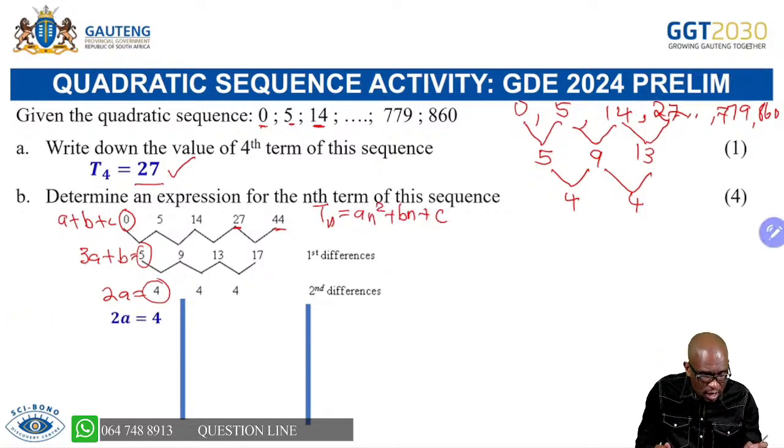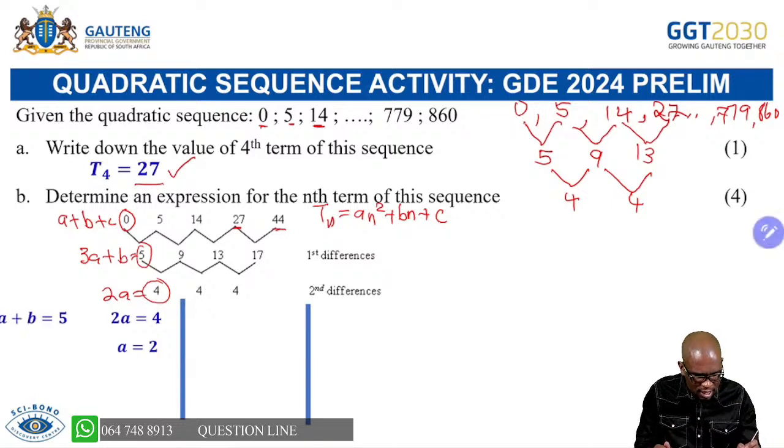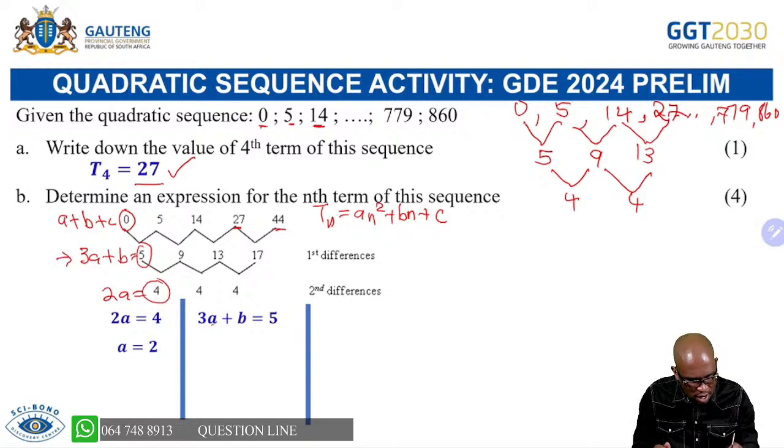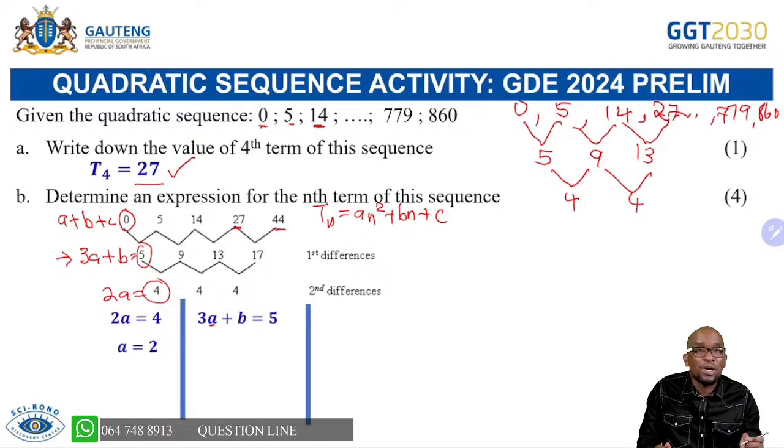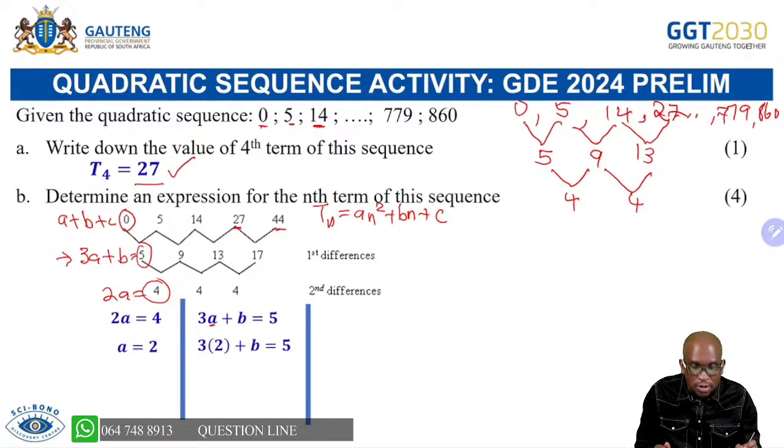So our 2a is equal to 4. When you divide both sides by 2, you get that a is equal to 2. Then 3a plus b is equal to 5, just like I mentioned here. Because we now know a is 2, we substitute a as 2, solve for b, and we get that b is -1.